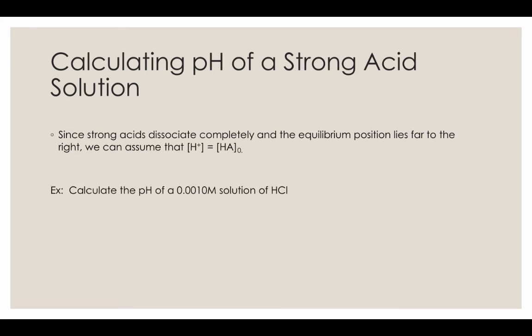For example, here we're asked to calculate the pH of a 0.001 molar solution of HCl. Since we know that HCl is a strong acid, it will dissociate completely. Therefore, the H+ concentration will be equal to the initial acid concentration, which was 0.001 molar. Taking the negative log of this concentration, we get a pH of 3.